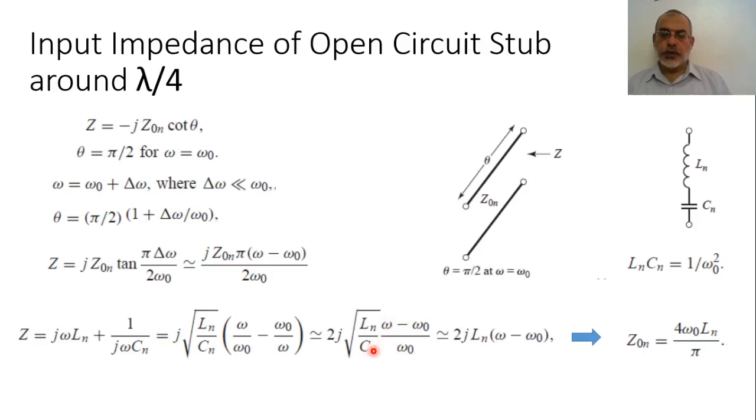So Cn is cancelled with Cn, and we have Ln squared under the square root. So this would be 2j Ln times omega minus omega naught.